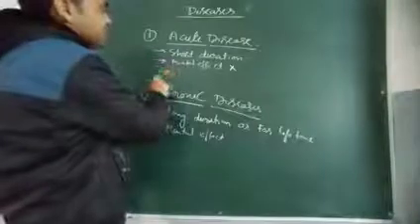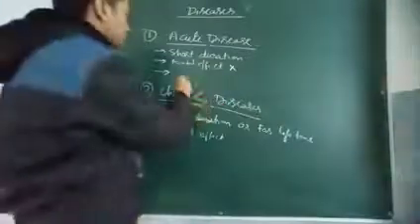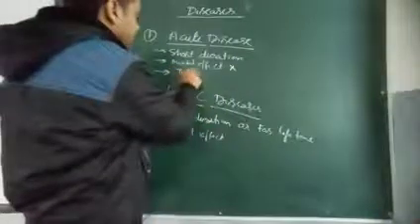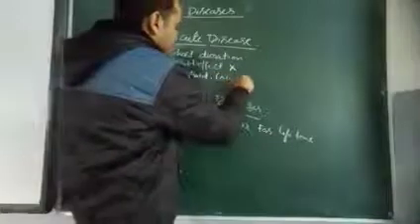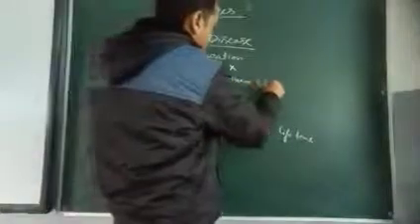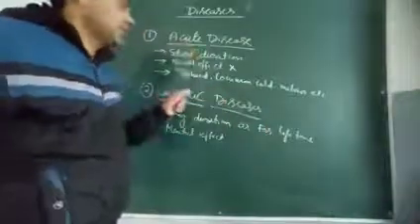Examples can be different types of pathogen-caused diseases, like typhoid, common cold, malaria, etc. These diseases come under the category of acute diseases.